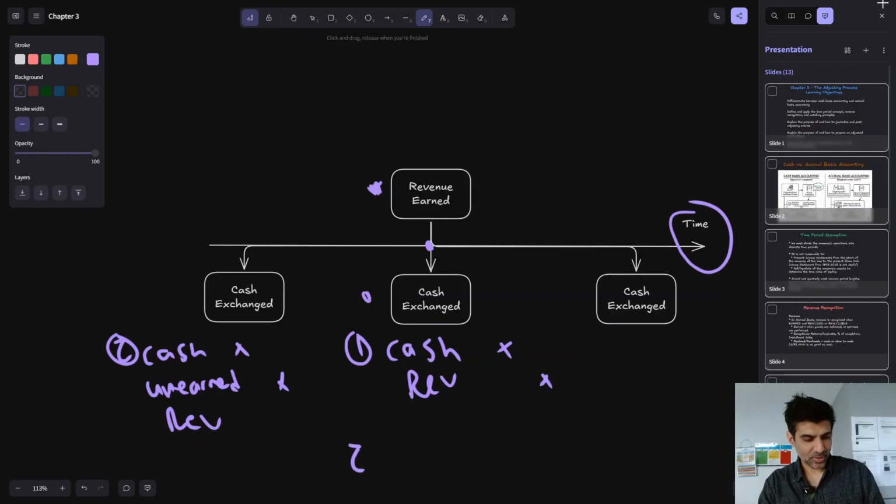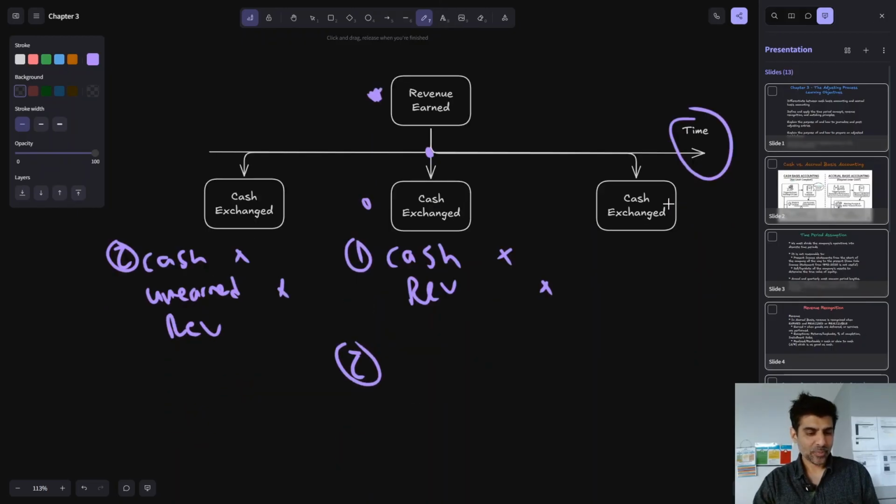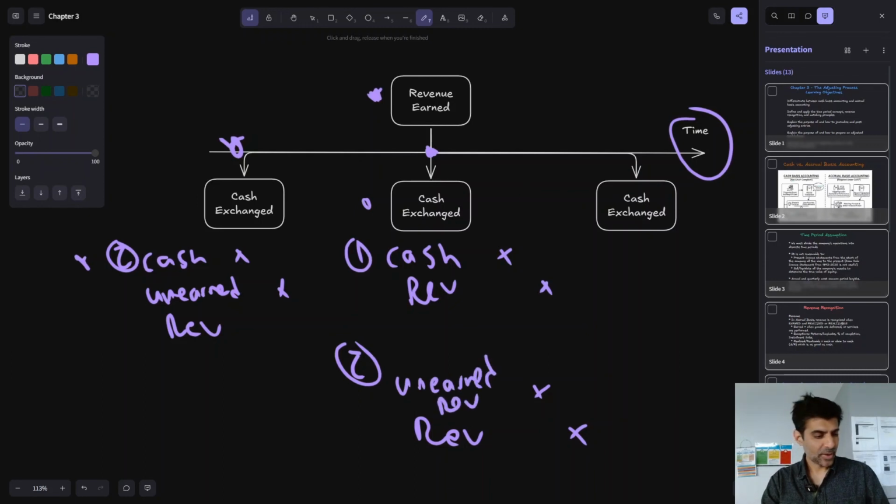So this is again scenario two. What's gonna happen? Cash? I already received the cash. I received it previously. I received it back here. Exactly. We're gonna now get rid of that unearned revenue, right? So in this case, we credited unearned revenue.